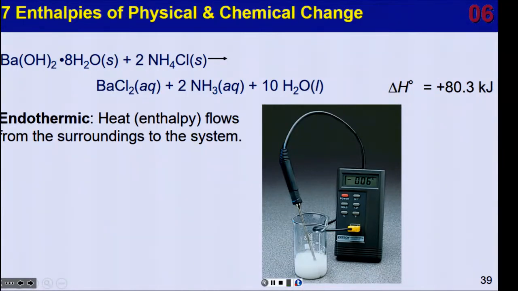And if you do it right, the two will combine to make barium chloride aqueous, ammonia gas, and liquid water. Wow. And there's a positive value, 80 kilojoules in a smidge, for this process. And it's an endothermic process. Heat is flowing from the surroundings into the system. It gets colder, as reflected by the negative value on the temperature display for the device in the picture.